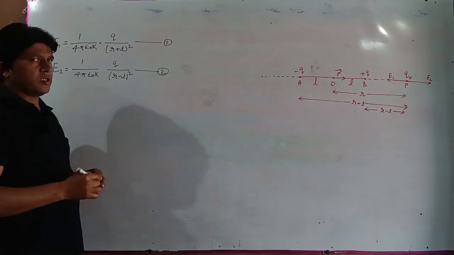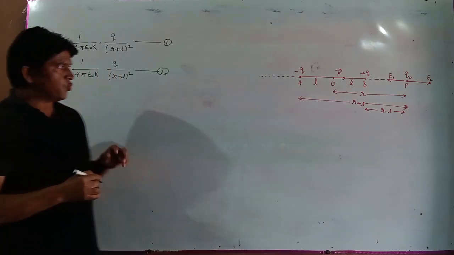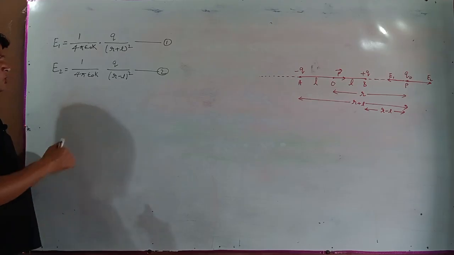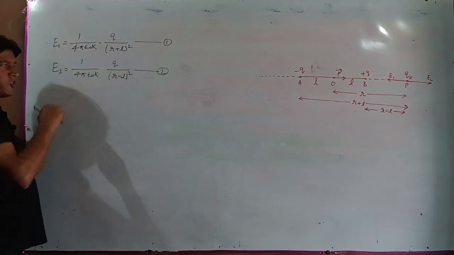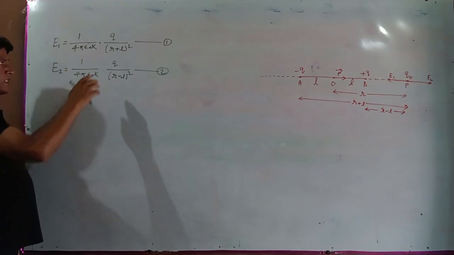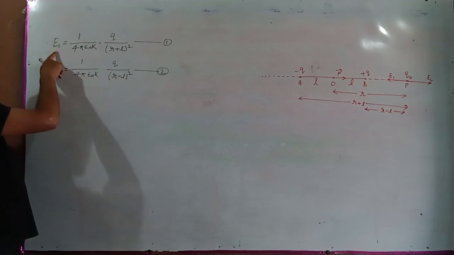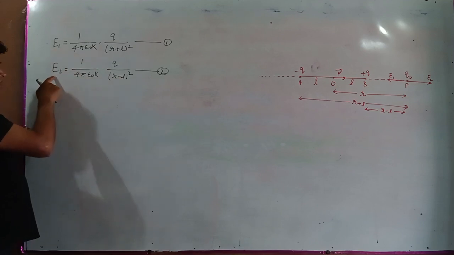Now, the next point is we have to determine first of all which intensity is greater. So, look at these two expressions. We see that all the quantities are the same except the distance. So, this distance is more with respect to this, and hence this intensity will be less with respect to this.